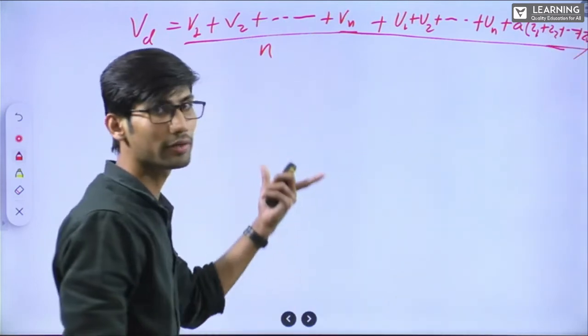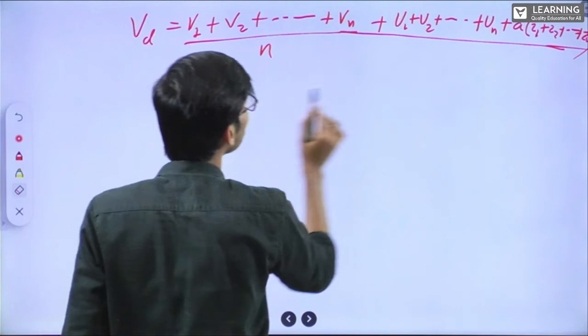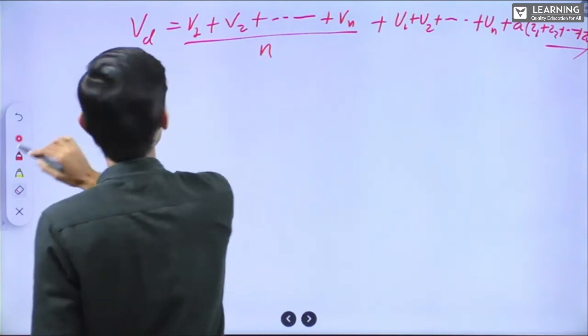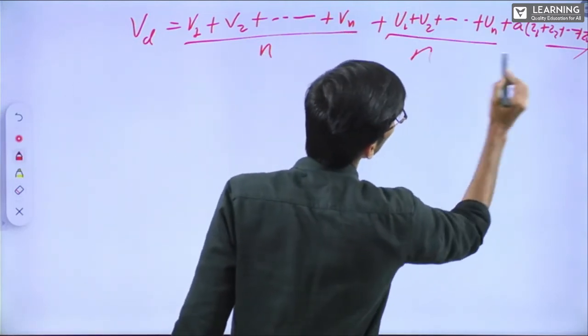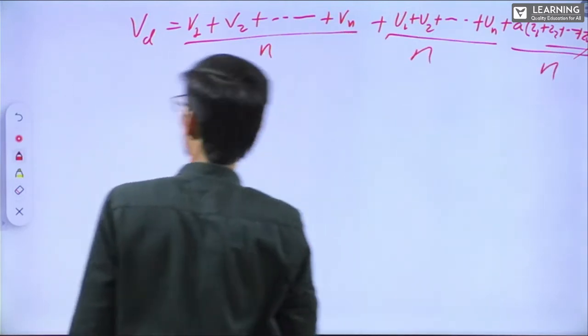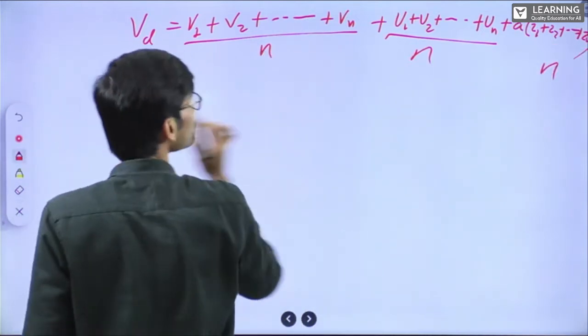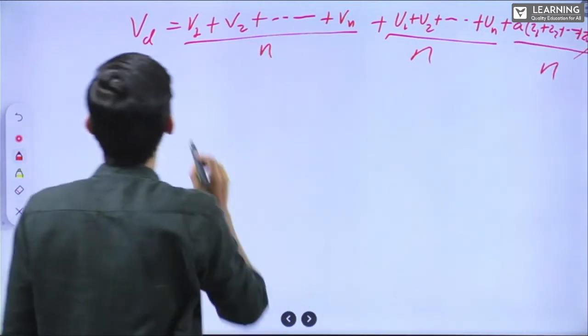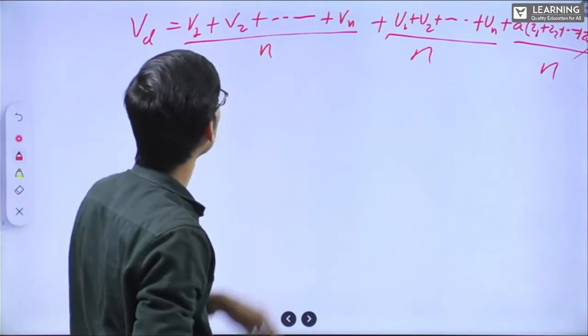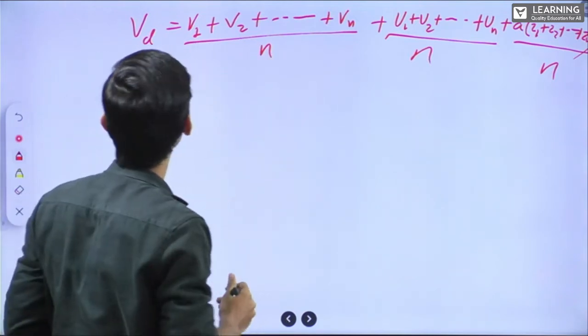Correct? Total divided by n. If I separate this, divided by n, this divided by n. Now see here, what is this?